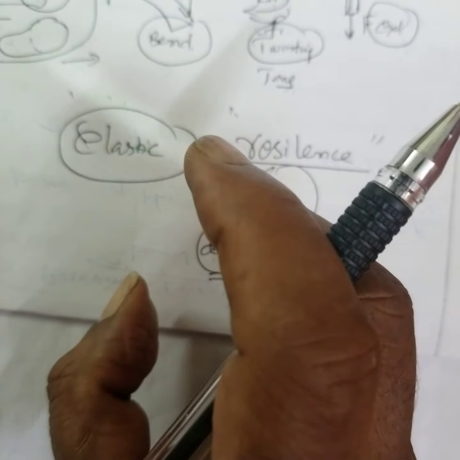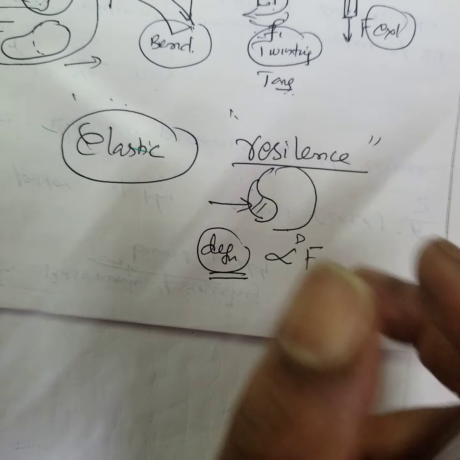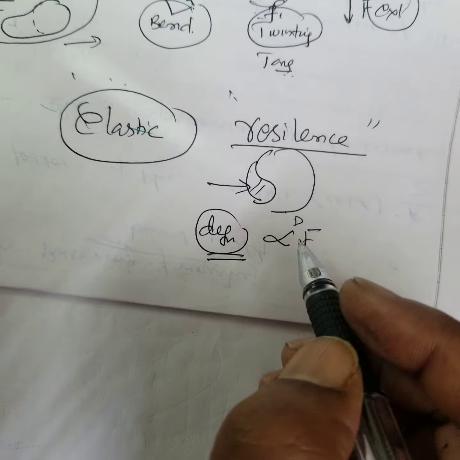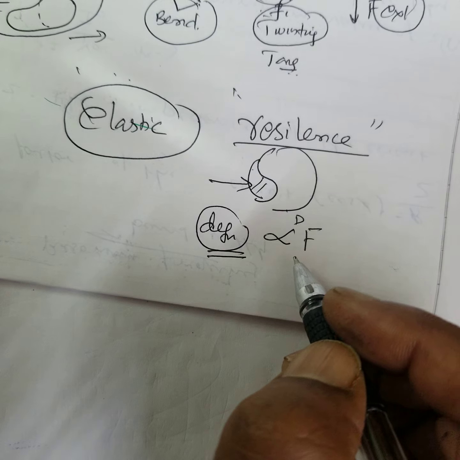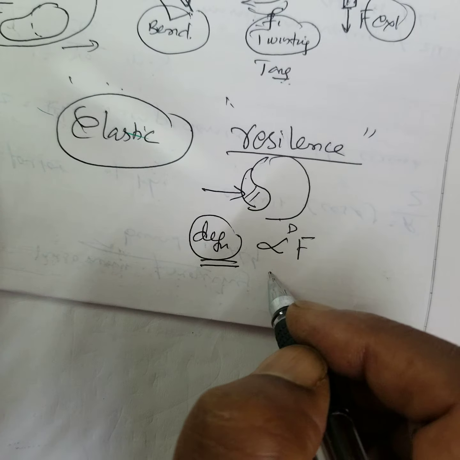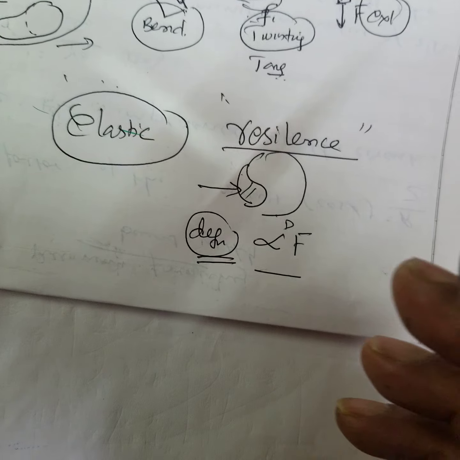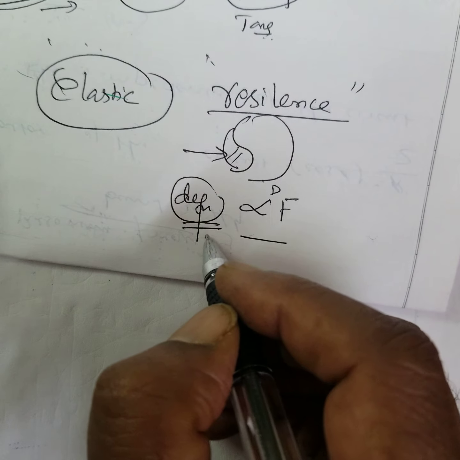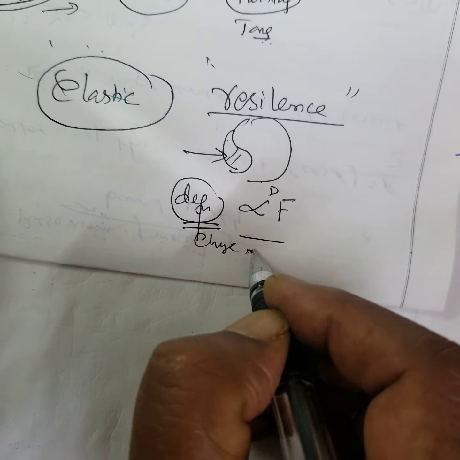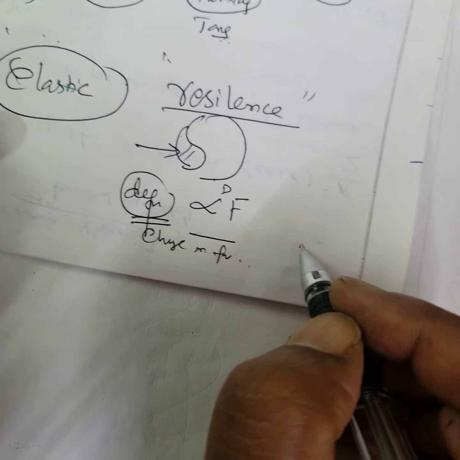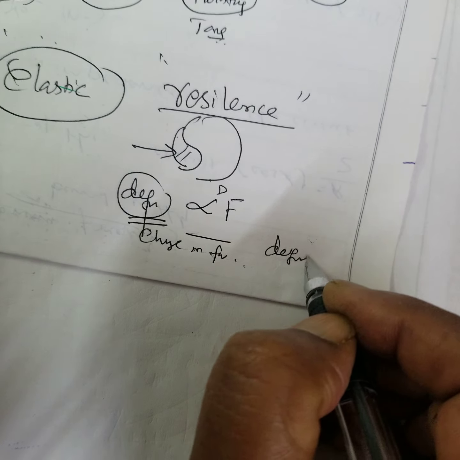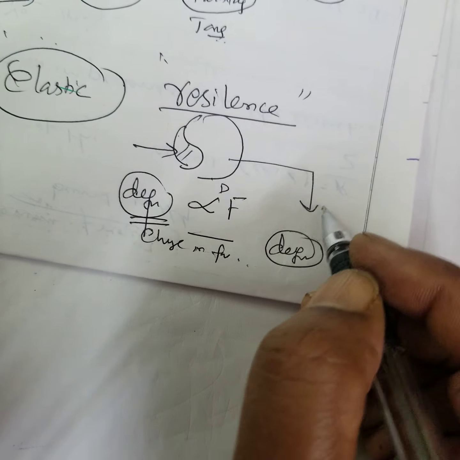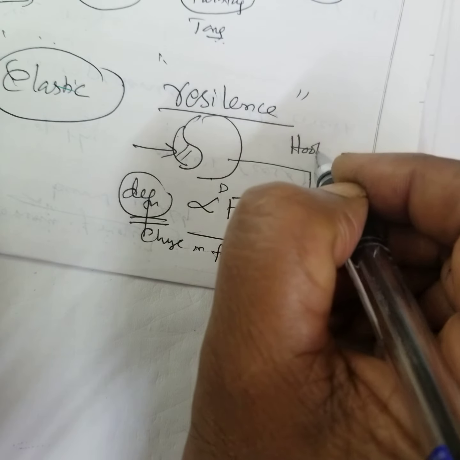That is, change in shape or size depends upon the deforming force. Later, Thomas Young gave the definite physical concept on this. Therefore, this deformation is also called change in form. He renamed it and stated it as Hooke's law.